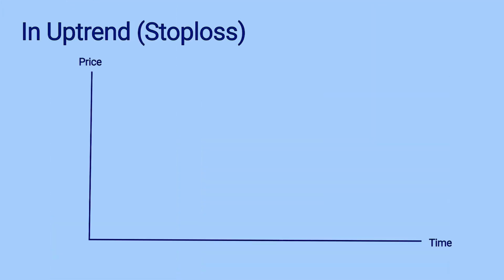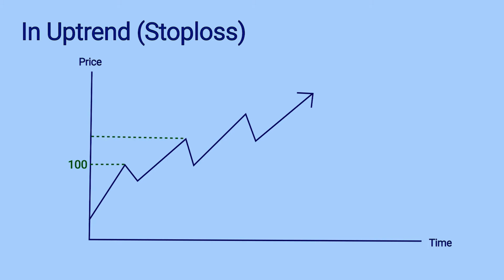Now, stop loss is a new word for you, right? Let me introduce the concept. When you are buying a stock, you are taking some risk and you are doing it for some purpose. Suppose you are buying at 100 rupees, you want the price to go to 110 and 120 and you want to sell higher.